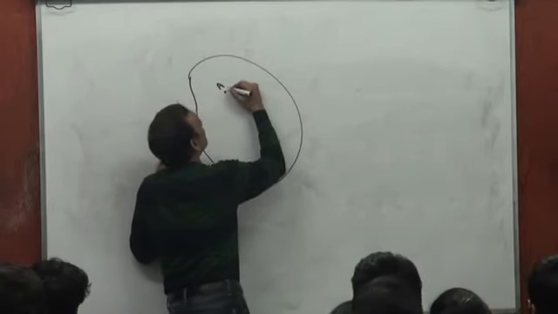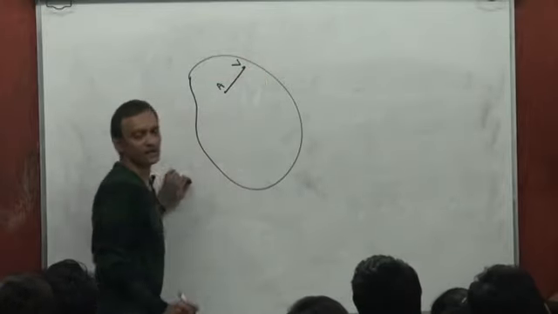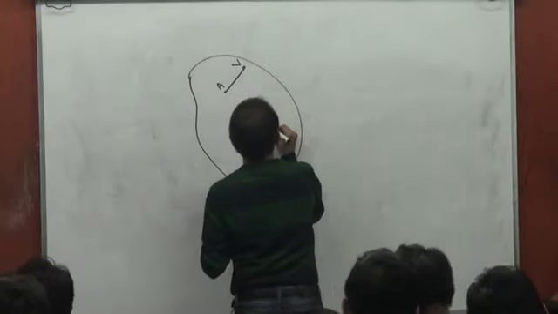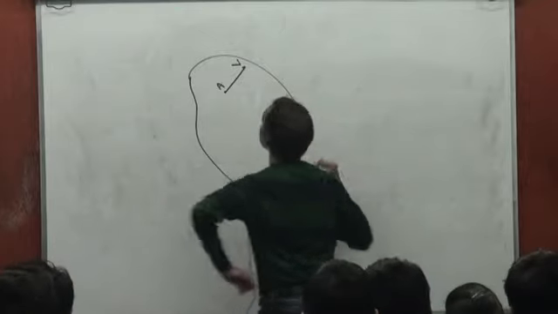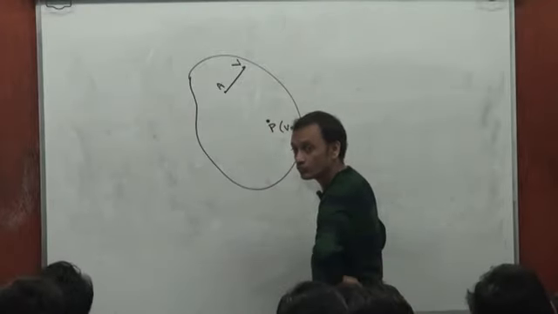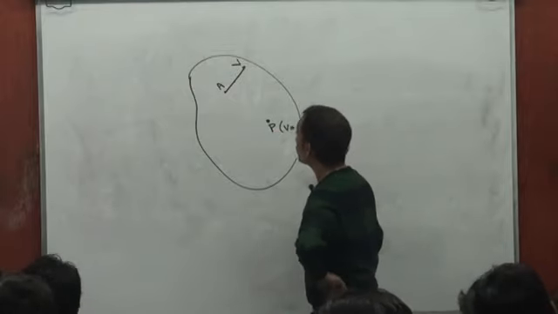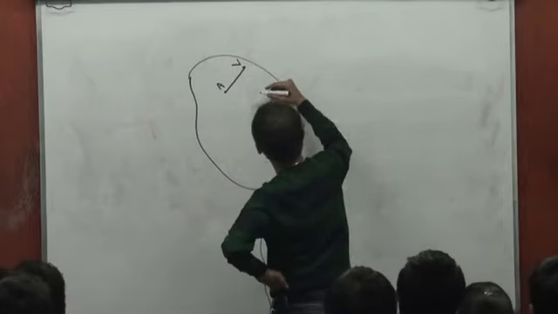See, there is a particle A that has velocity V. And there is a particle P whose velocity is zero. And A is any other particle that has a velocity V as shown.